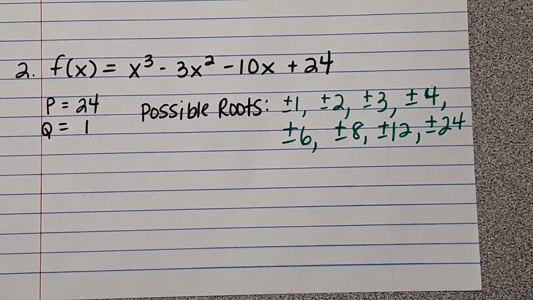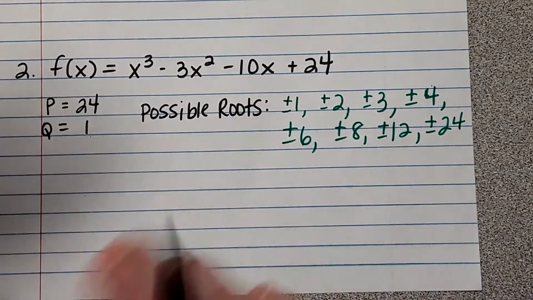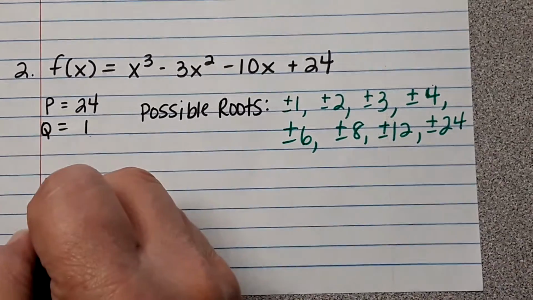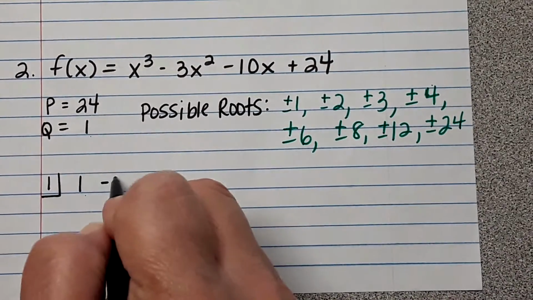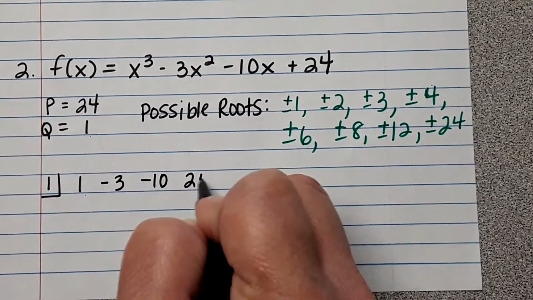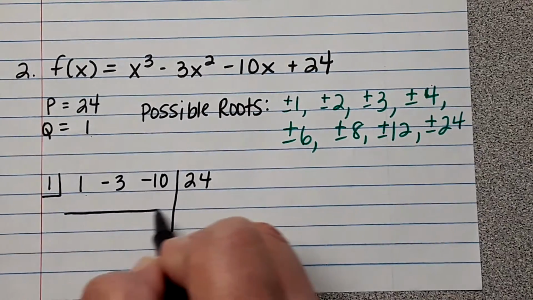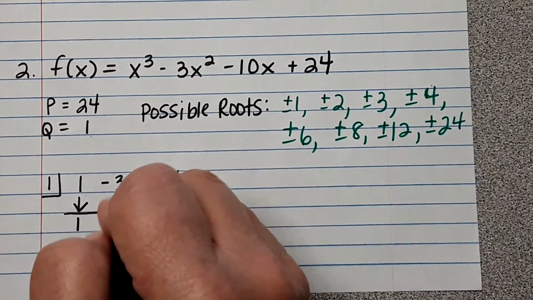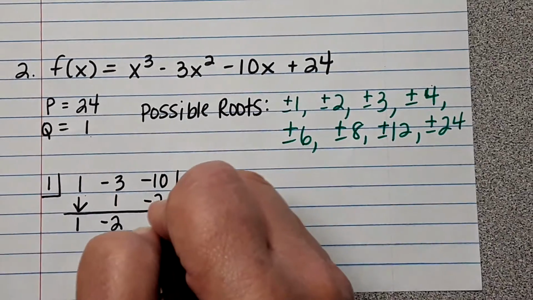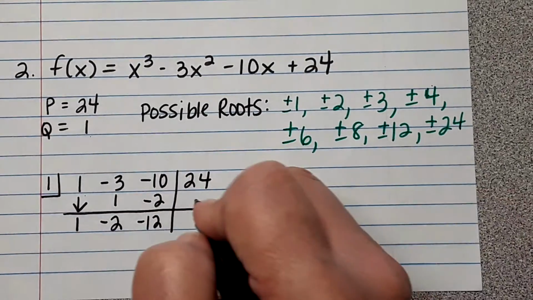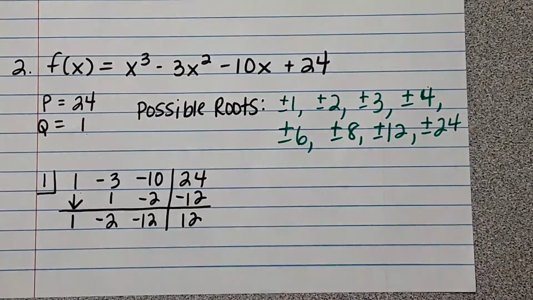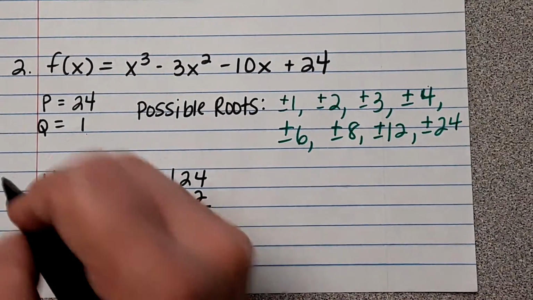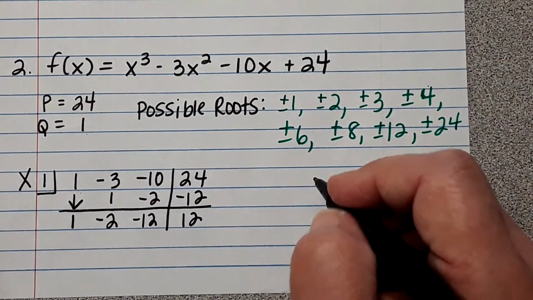So now we're just going to use straight synthetic division because I think it will be easier, and then we can go straight from there. So we're going to test 1. 1, negative 3, negative 10, 24. If you use synthetic division to do this, it will go a little bit faster. So is 1 a root? No. So then what am I going to test?